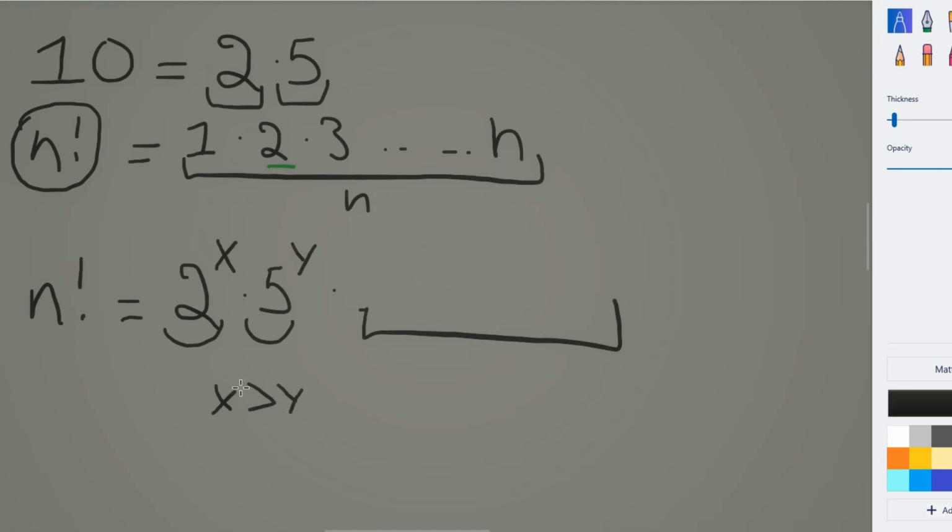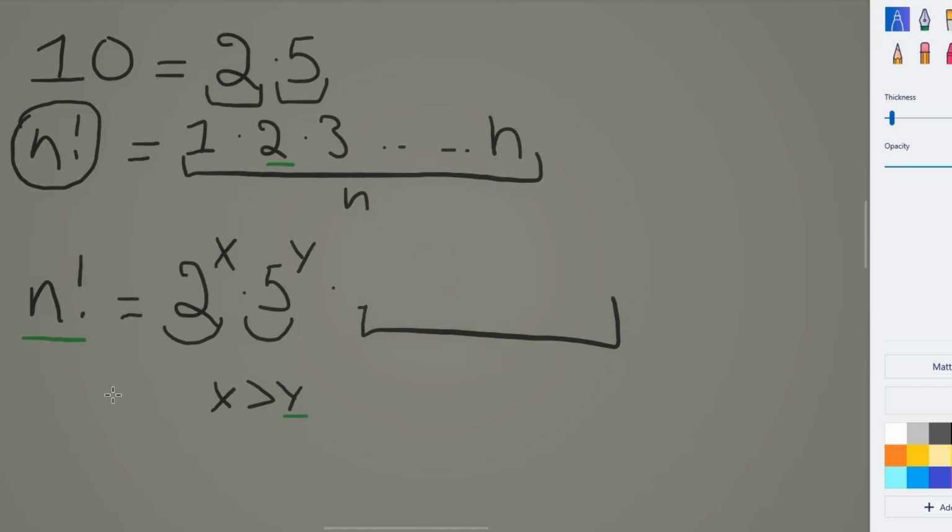So the only thing left to do is to get the smallest of these two values, so y essentially, okay? So the only value you care here is y. So what is the power of 5 in n factorial's prime factorization, okay? So the problem immediately becomes easier now, okay?